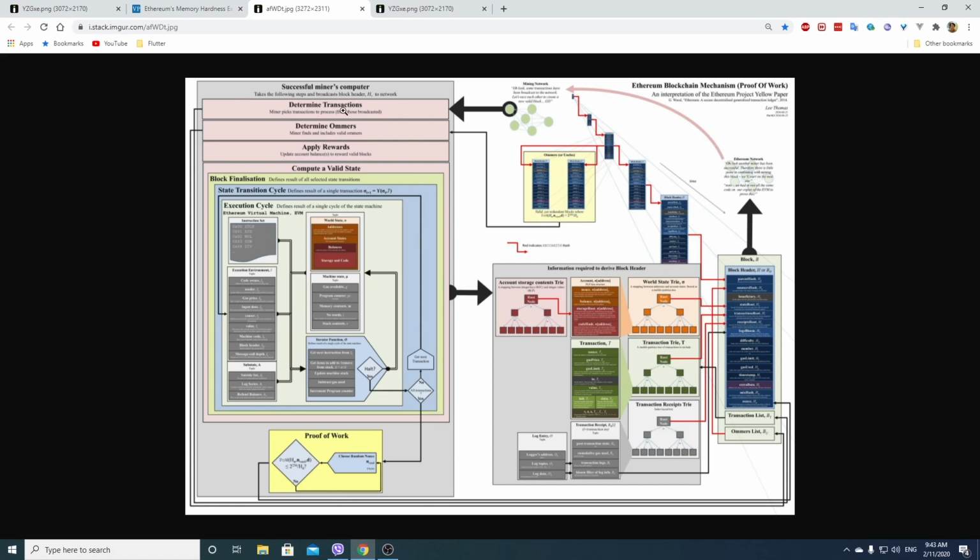The first job it has to do when it wants to mine a block is to take a bunch of transactions. Remember that transactions are floating in the network. You're sending transactions to other peers, to other nodes, and they distribute that transaction through the protocol, like a gossip protocol. They call it Whisper, I think.